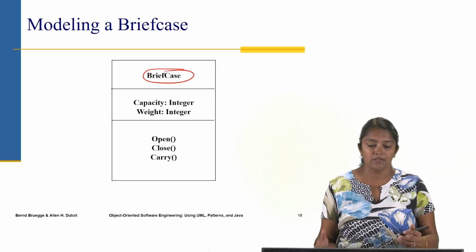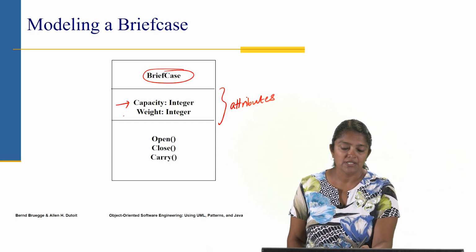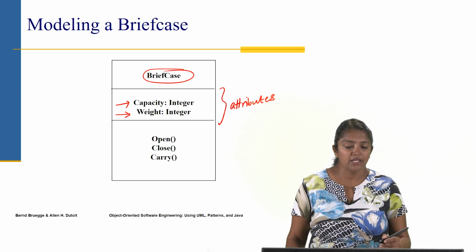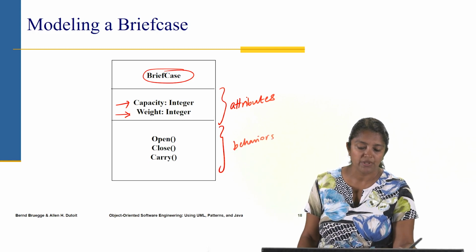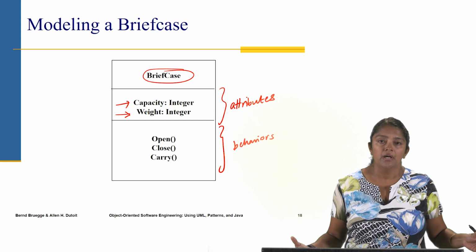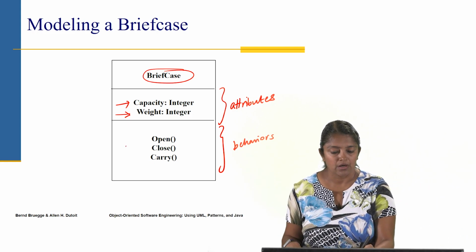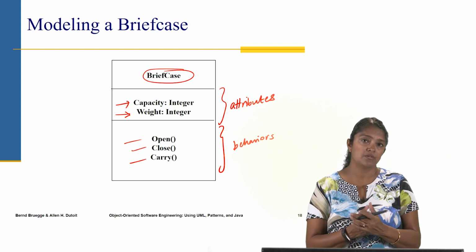And then provide some attributes to it, its properties, by saying the briefcase's capacity and its weight. Those are two good attributes. And then we need some behaviors for it. Our behaviors could be that the briefcase can be opened, it can be closed, you can carry it around. So that's how we would begin to model it.